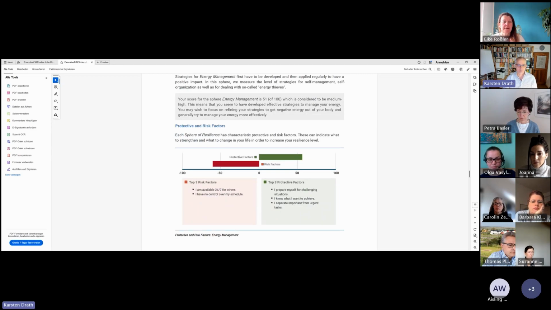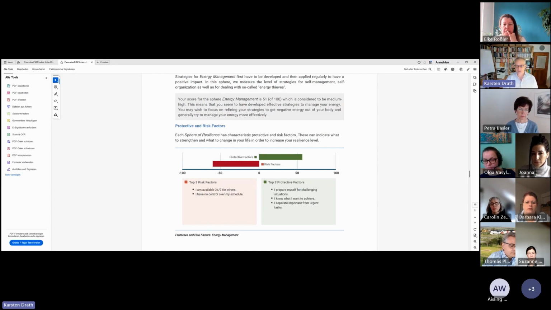I have no control over my schedule. So dear John, what can you do to improve here on that risk factor? Could you set boundaries in your calendar? Could you include break time with your assistant? Could you have digital detox times? Could you have off times, right? So that would be that kind of thing.